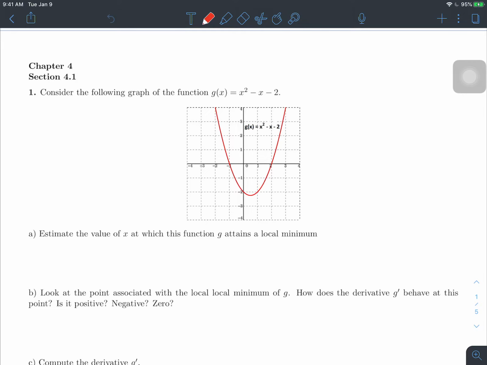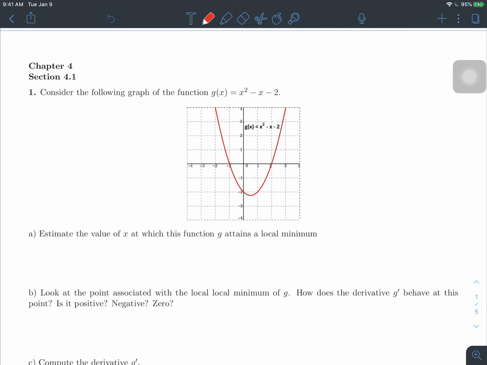Okay, so first we described what a derivative is, when we were talking about instantaneous rates of change. And then we talked a lot more about how to actually compute derivatives. So far we've talked about exactly one application of derivatives.